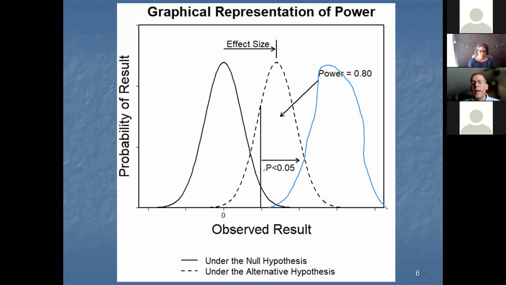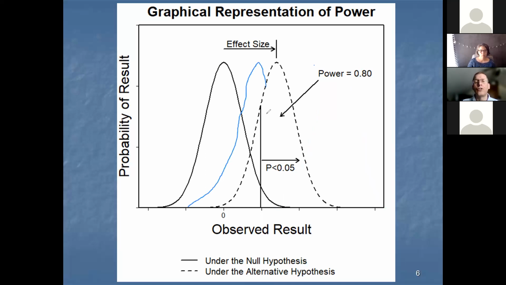Well, you can see that if I look at the area that's to the right of this line, this isn't going to change because the shape of the null distribution didn't change, okay? Now I'm going to have a power that's nearly 1 if I shade all this area under this curve, okay? Or if I do it the other way, where I'm interested in detecting a smaller effect size, I'm going to move this distribution closer to the null, okay?